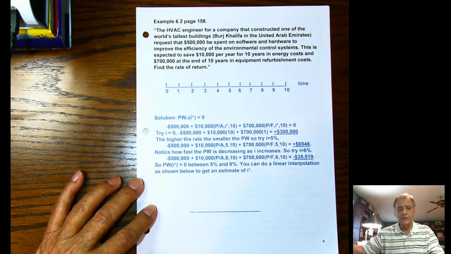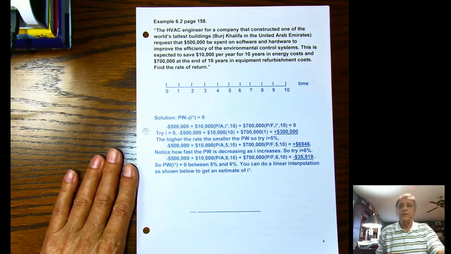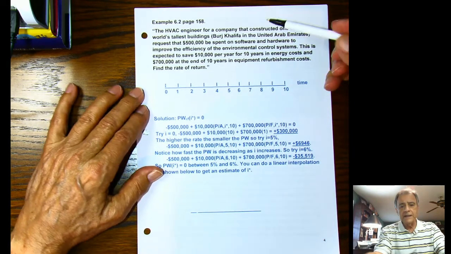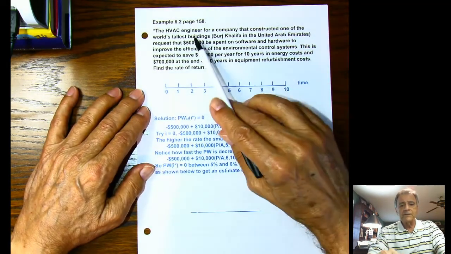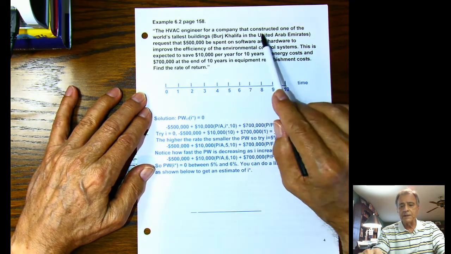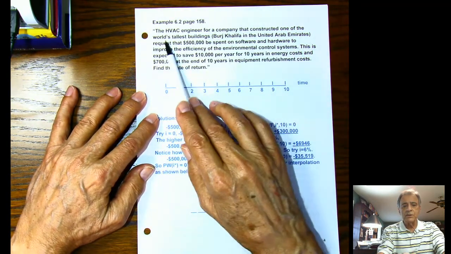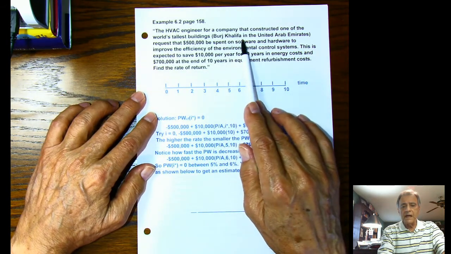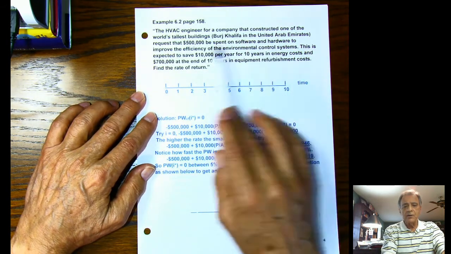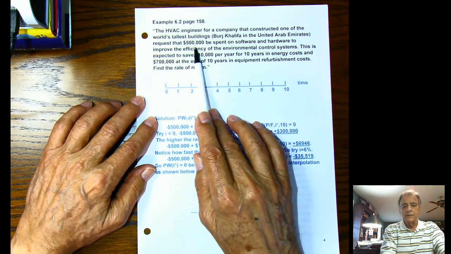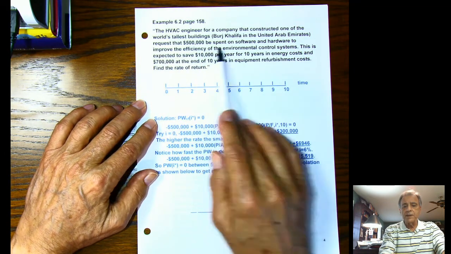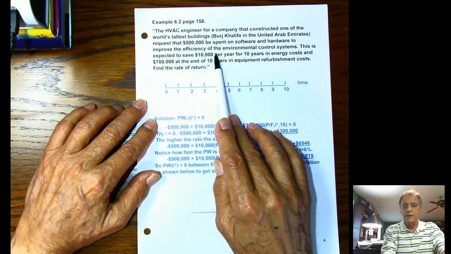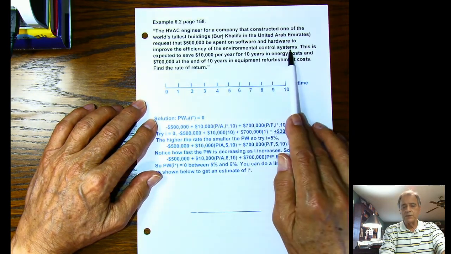And so let's look at the cash flow that the author gives you in example 6.2. He says, the HVAC engineer for a company that constructed one of the world's tallest buildings, Burj Khalifa in United Arab Emirates, requests that $500,000 be spent on software and hardware to improve the efficiency of the environmental control systems.